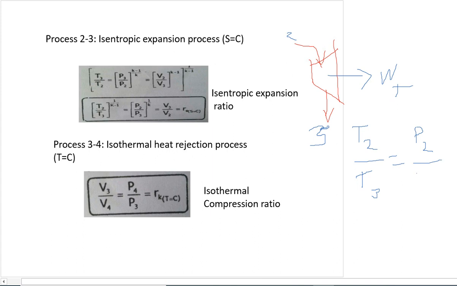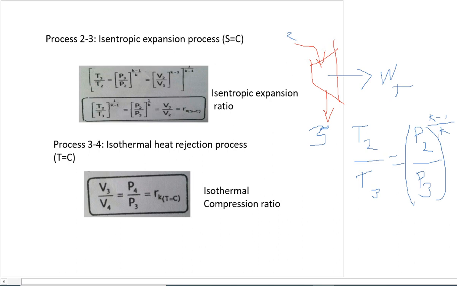That is also possible. Of course, the exponent, since it is isentropic, is K. The value for hot air is 1.4, so the exponent is over K. That is the formula.